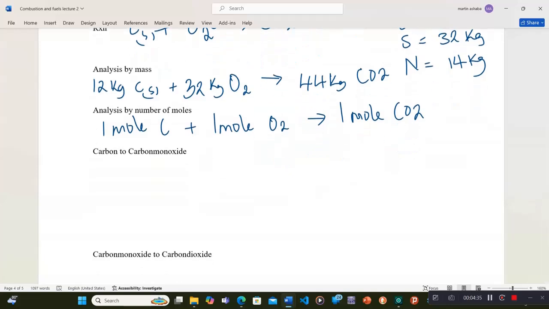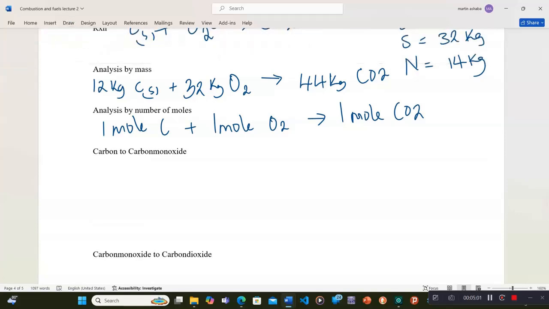So here, if we were to talk about 1 kilogram of this fuel, if carbon was the fuel, you would divide all this by 12.